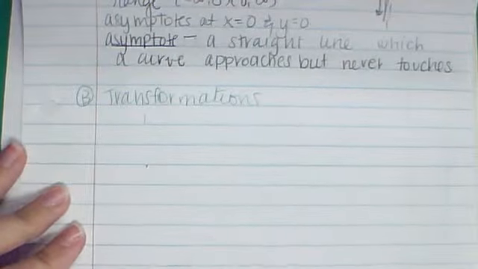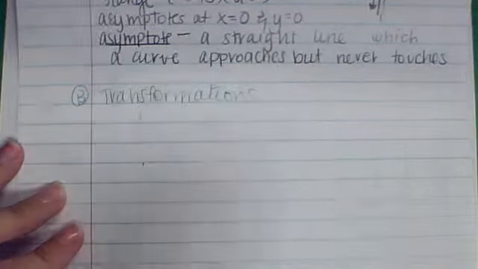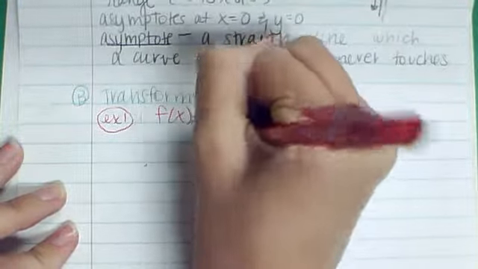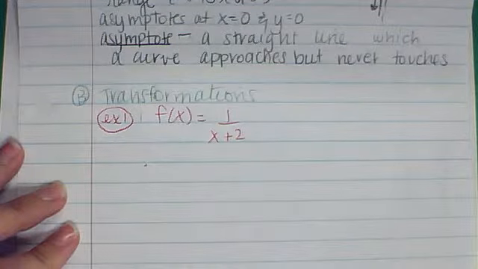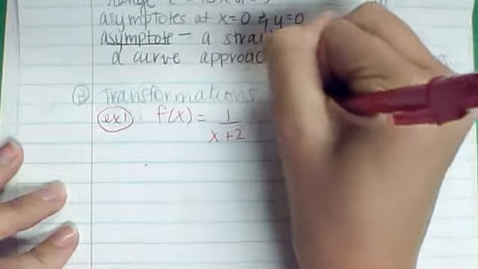But now we're going to be talking about transformations of just these rational functions. Okay, for example, number 1, if I have f of x equals 1 over x plus 2. The plus 2 inside of the parentheses, or with the argument, however you want to say that, tells me that I shift left by 2.